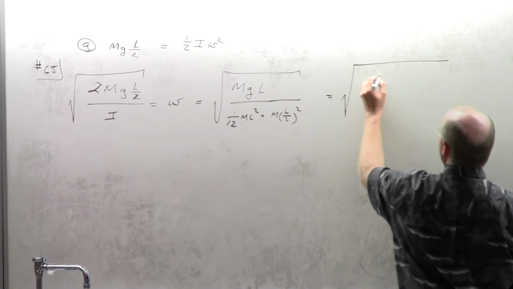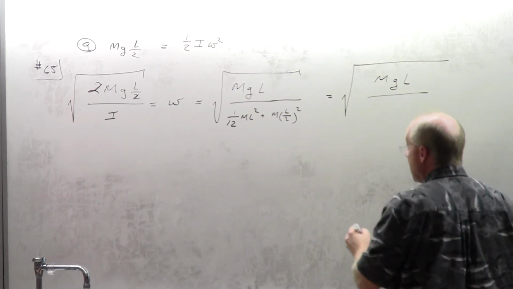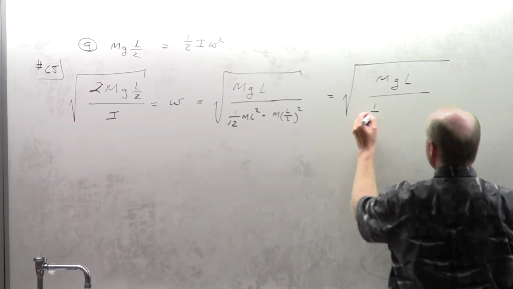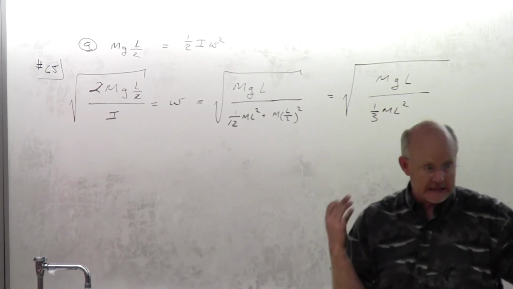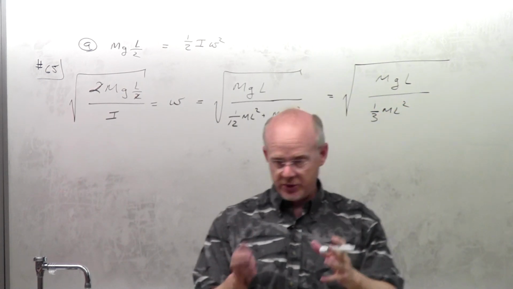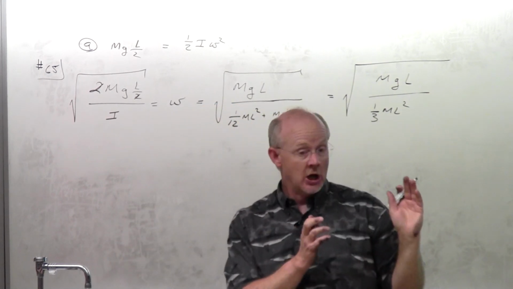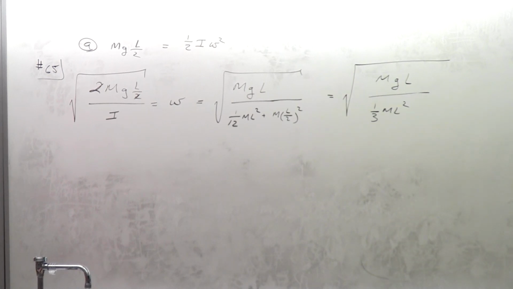And so we've got the L in the numerator still. But in the denominator, we have a 1/12 and a 1/4. That makes a 1/3. So that's 1/3 mL squared. You might even remember 1/3 because we actually did this one in class. We did the rotational inertia about its end point twice, actually. Once we just calculated it, another time we used it to show the parallel axis theorem.